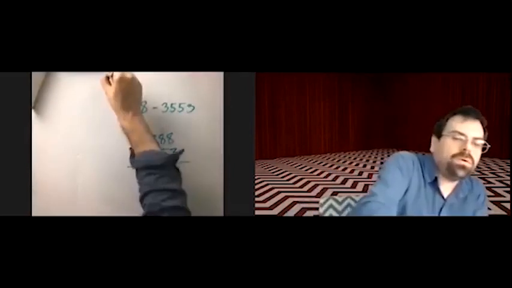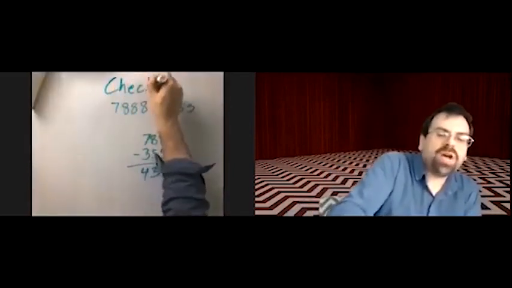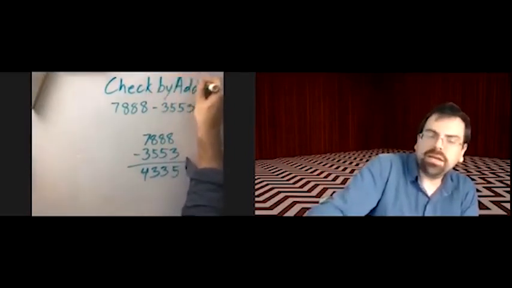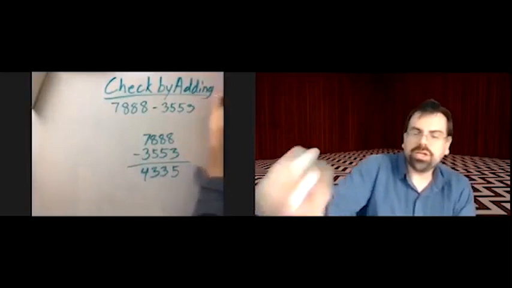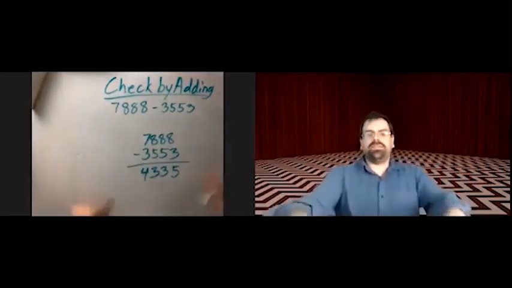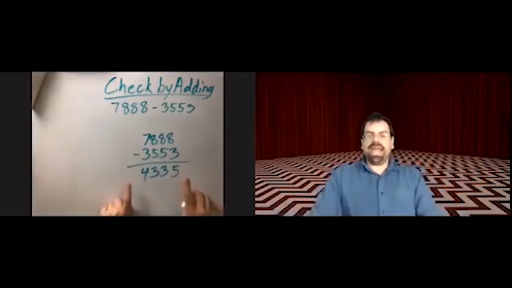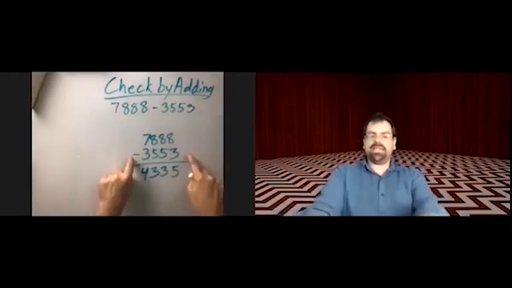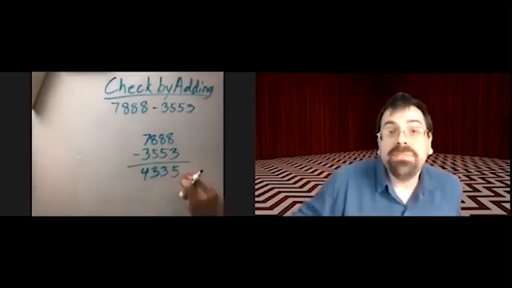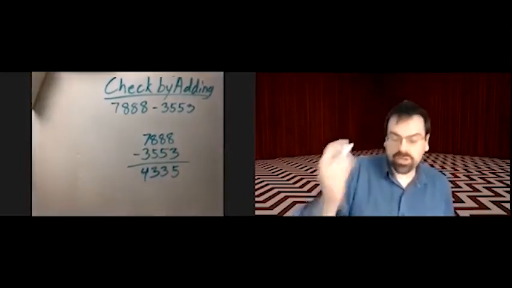Now, when we subtract, we have the ability to check by adding. Because if this minus this is that, if we add this back to that, we should get what we started with. So if you don't want to run the risk of this being the wrong answer, you're always able to check by adding.